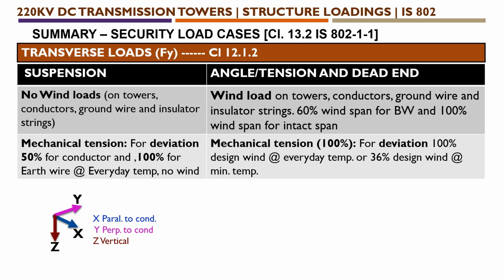And for mechanical tension, we need to consider 100% of deviated conductor tension with design wind at everyday temperature or 36% of design wind at minimum temperature, whichever is greater. So this is the transverse load we need to calculate as per clause 12.1.2 of IS 802 part 1 section 1.